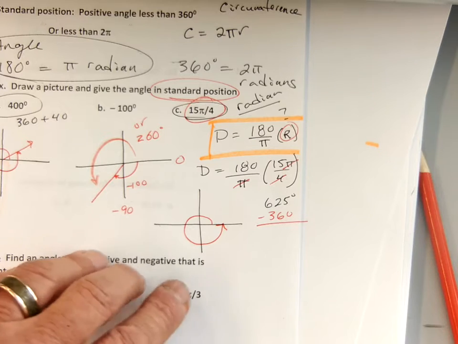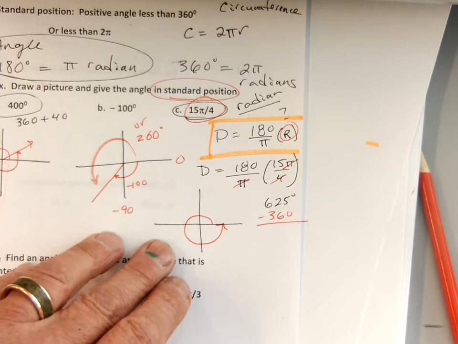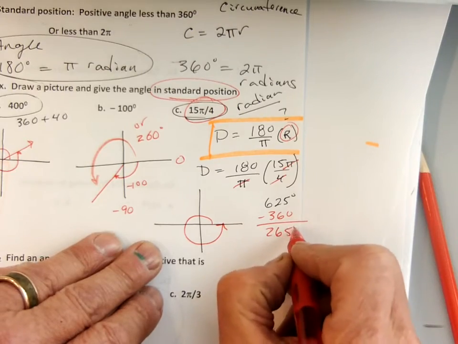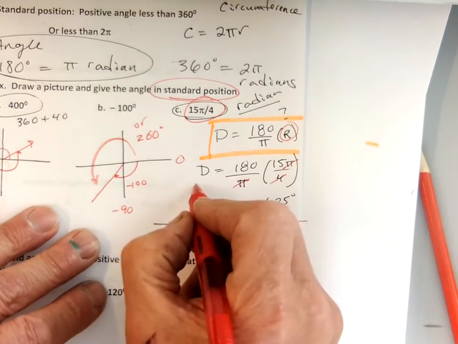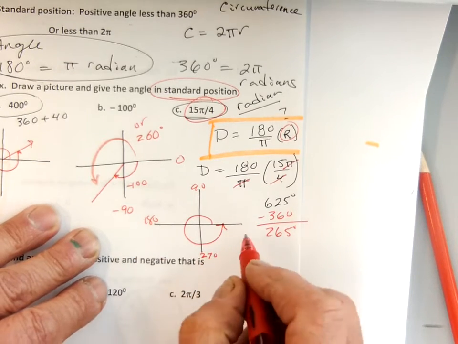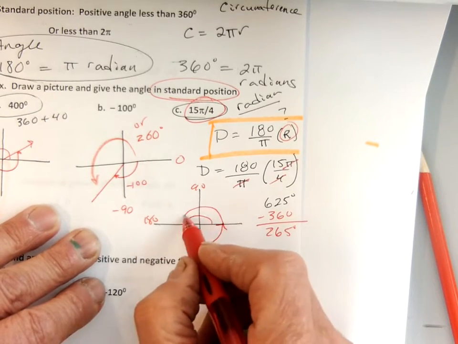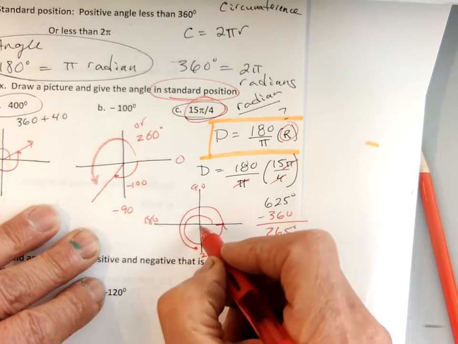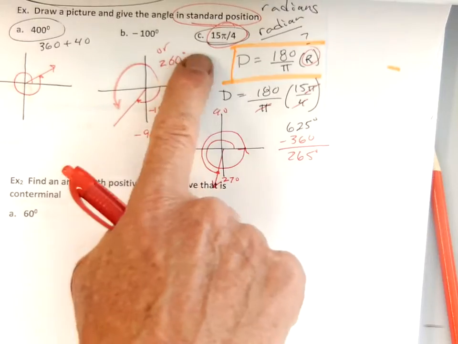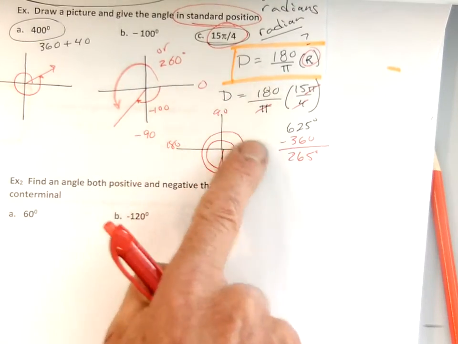See how I've got my 625 minus 360, and I get a 265, so I'm going to keep going around. 90, 180, 270, right? This is probably right about there, huh? Okay with that? So we had a radian, and it scared me, but I changed it to a degree, and I was able to do it, okay?